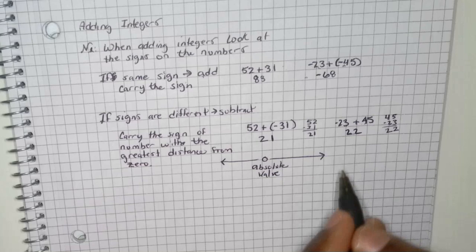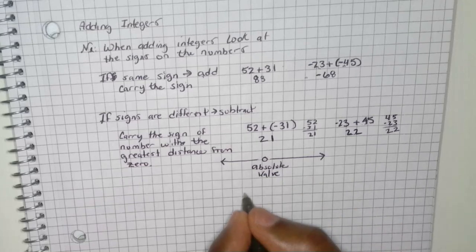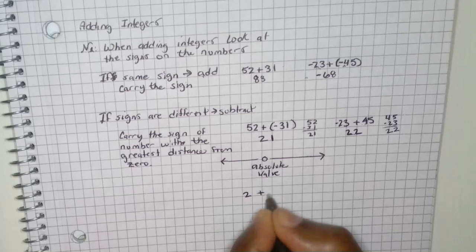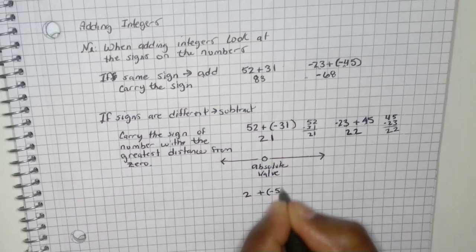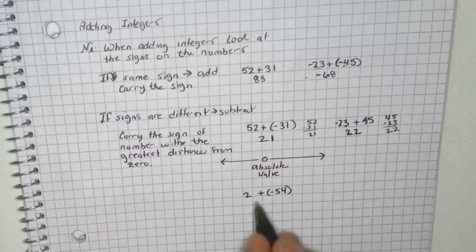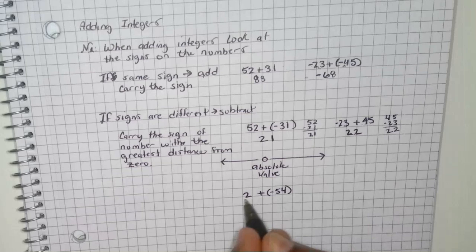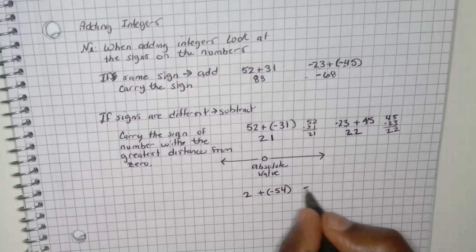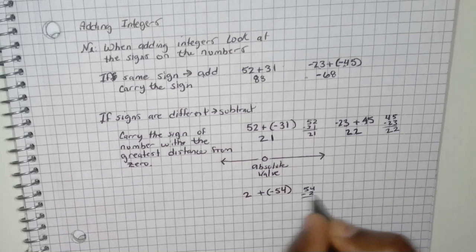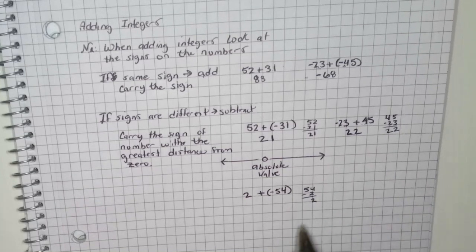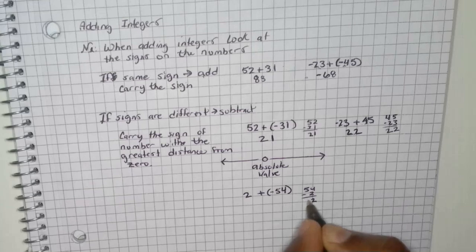Let's do it again. Two plus negative 54. All right. I have different signs. That's a positive 2. That's a negative 54. So I subtract. Again, with integers, it doesn't matter who goes at the top. 54 minus 2. 2 from 4 is 2. And then the 5 comes down.